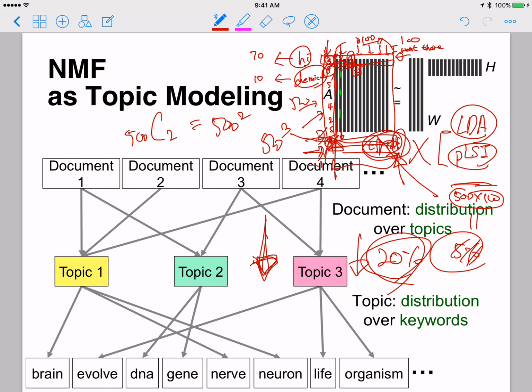When constructing bigrams or trigrams, you don't need to add all the possible bigrams. You only accept those bigrams that have at least a certain frequency.